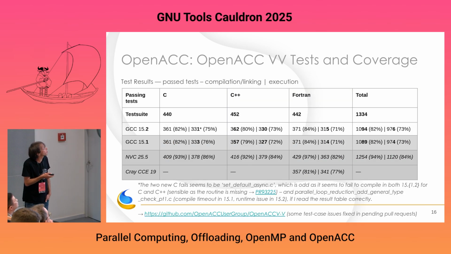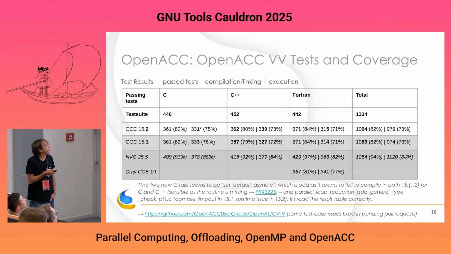But in any case, that's the result they got for running it with a couple of compilers, essentially the NVIDIA compiler, the Cray compiler, but only for Fortran, and GCC 14 and GCC 15. Thomas did some final C++ fixes after 15.1 was released, so the numbers are, especially on the C++ side, a bit better.